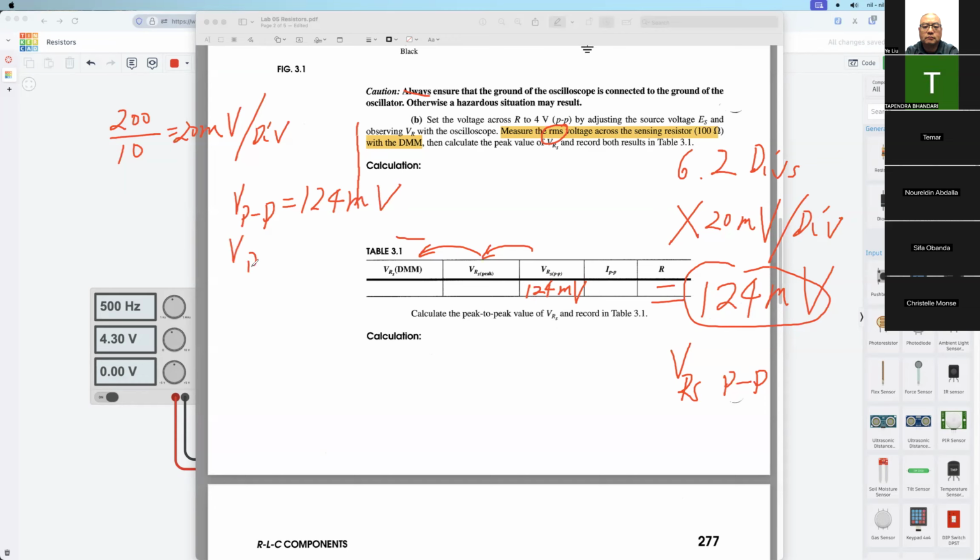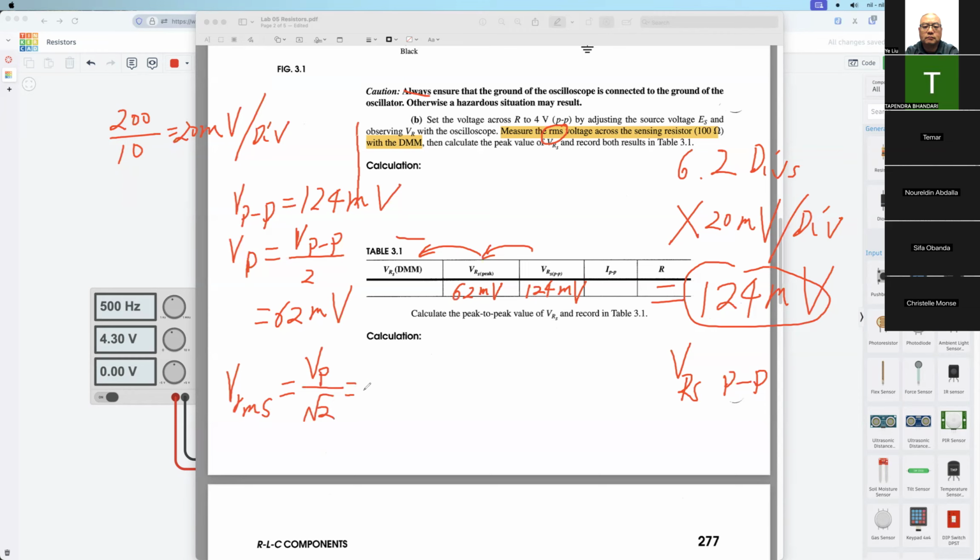Then the peak value, we know it's half of the peak to peak value, right? So that's the peak to peak divided by 2. So this is the 62 millivolt. So that's down here, 62 millivolt. Then the DMM value from the digital multimeter, this is the VRMS value. VRMS value is the peak value divided by square root of 2.